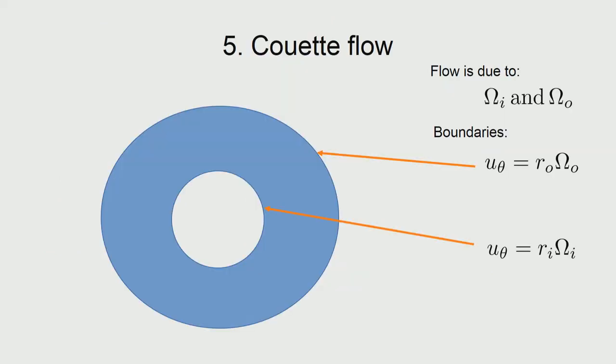Now, we take the last component of the velocity in the cylindrical coordinate system, namely the u theta. Okay. Now, u theta in this particular problem is actually called the solution for the Couette flow. So, the situation is as follows. You have two cylinders that are rotating, and the inner and outer velocities are different.